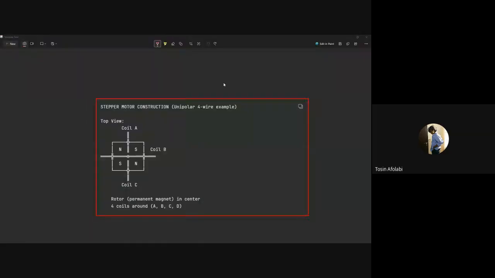Now what I want to talk about next is how the stepper motor, to be exact, actually works. The stepper motor is unipolar.